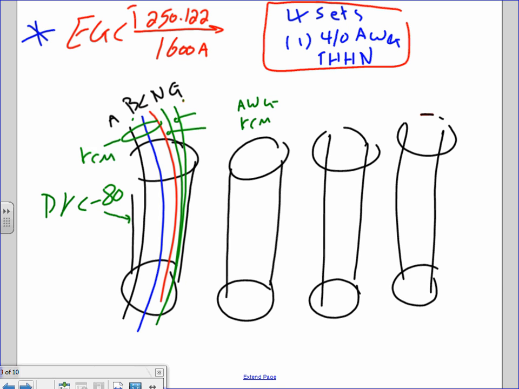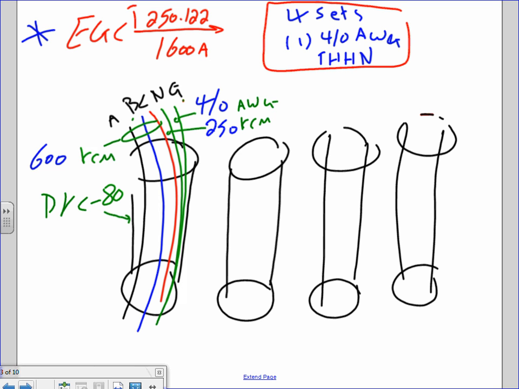So when you put your conduits, gentlemen, you're going to end up with 600 kcmil for the phases, for the neutral 350, and for the ground 4/0. So Adam, if I ask you to size the conduit, how many conductors do you need, Chad?